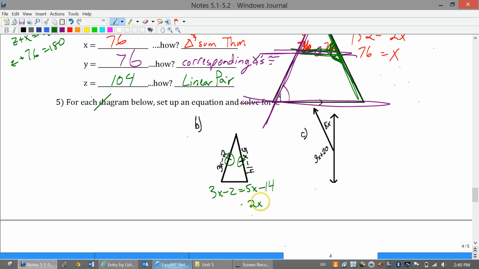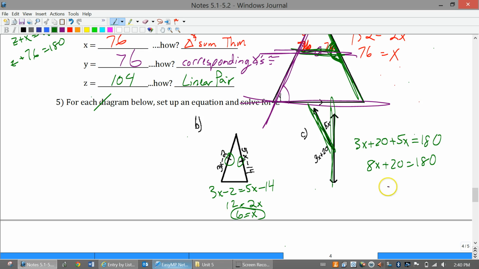We get 2x equals 12 and x is 6. See, guys, do you see how it's a linear pair? They add up to 180, since that's a linear pair. So simplify and solve, and we get x is 20.